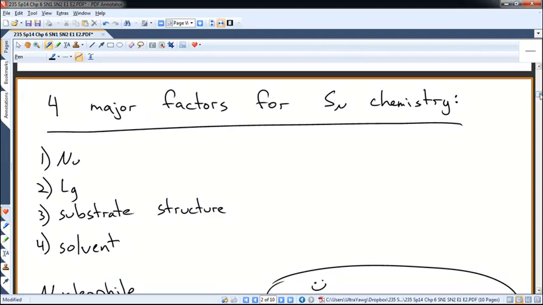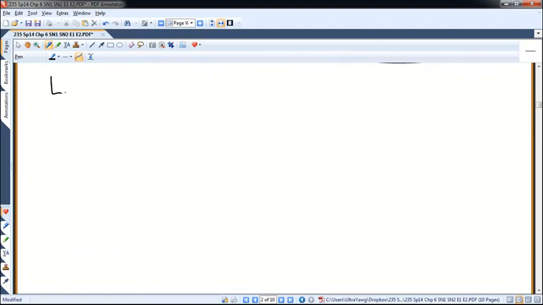Let's talk about the second factor, leaving group. Does the leaving group matter? You bet it does. There are a couple of factors that are important when you're considering the goodness of a leaving group. There are two major things.